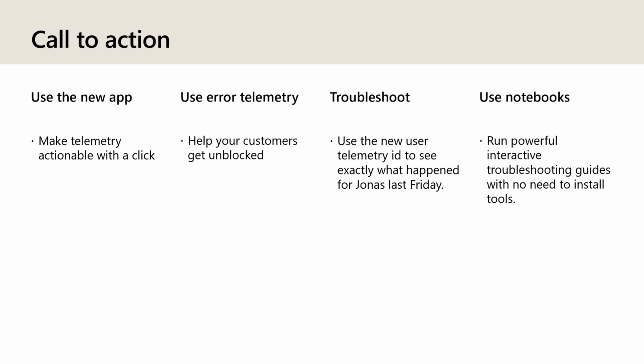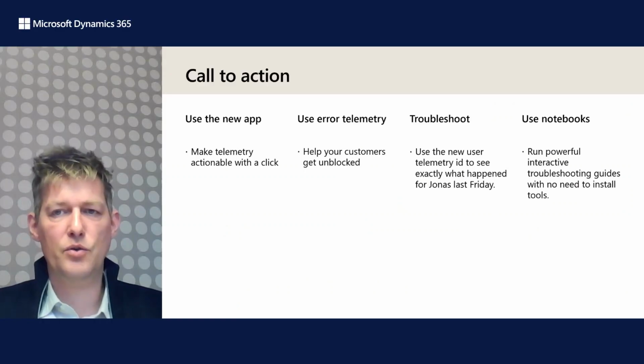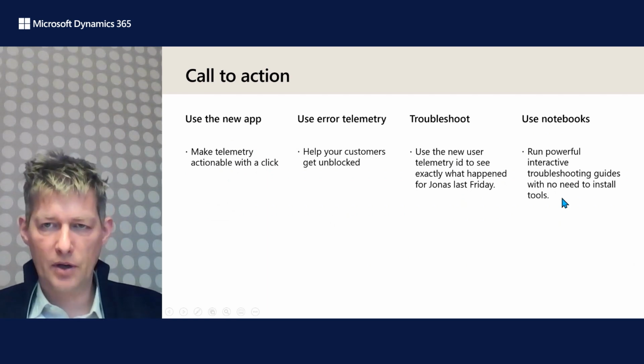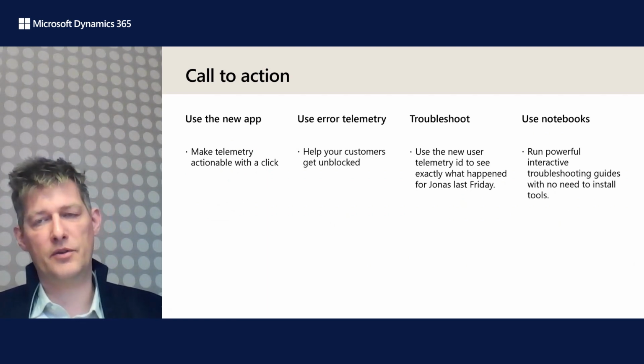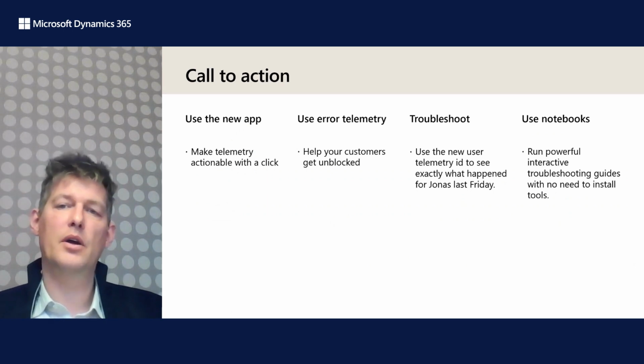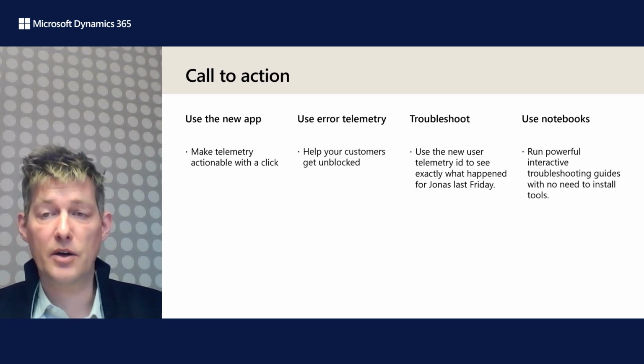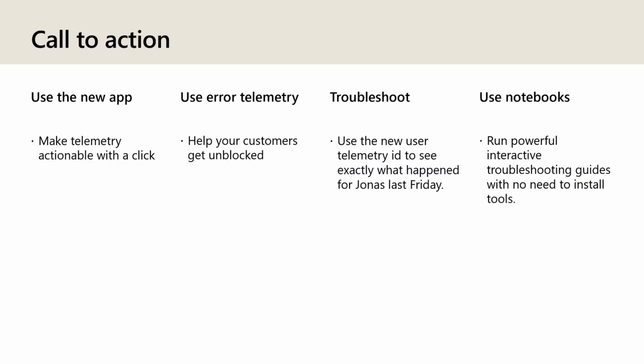I'm pretty sure that will be a very powerful tool. Whenever you get a support ticket in on something that happened last week, you just ask for that telemetry ID. It's compliant and very easy to use. And then if you want to use notebooks but don't want the hassle of installing Azure Data Studio, you can simply use code spaces in GitHub, and you don't need to install any of these tools.